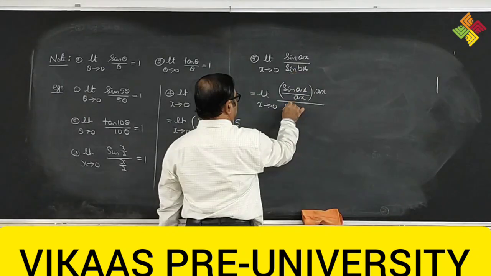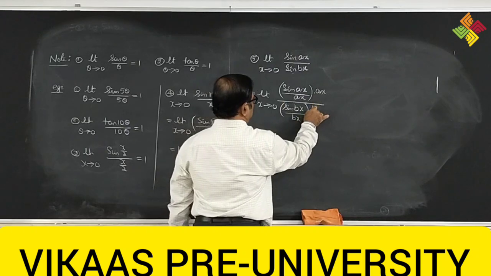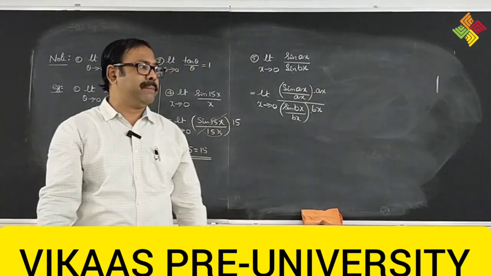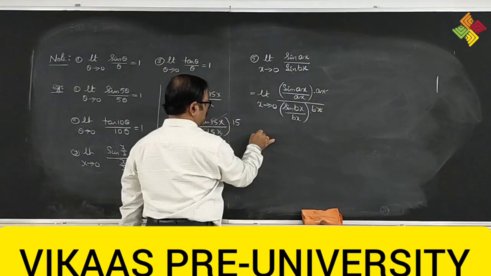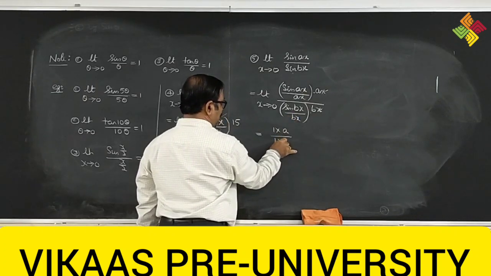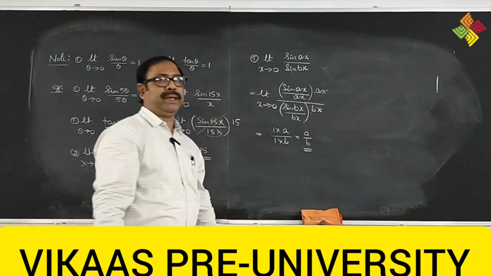Similarly, in the denominator sin bx by bx into bx. We are converting this problem into general form. Now x cancels. So this is 1 into a, this is 1 into b. So the answer is a by b.